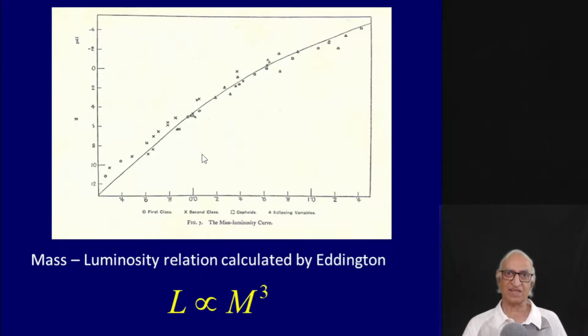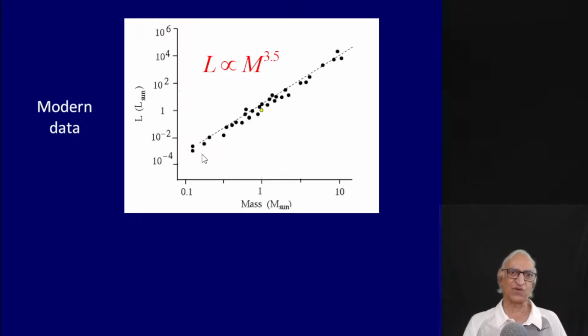Now today, in 2022, if you look at the latest data, which cover stars of vastly greater luminosity range and mass also, then you find that the luminosity isn't quite proportional to m to the power 3, but m to the power 3.5. But that's fine.